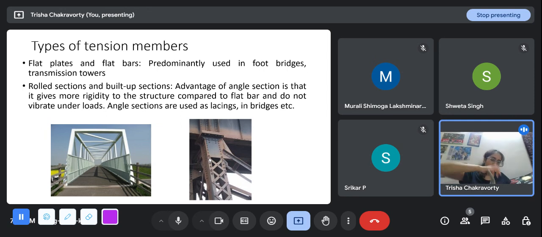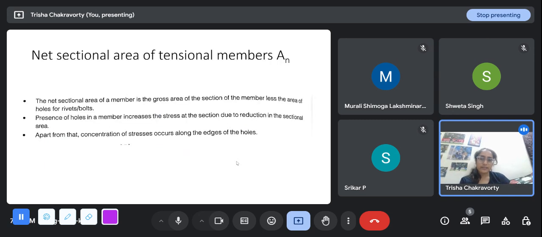This kind of bending is called buckling. And the buckling has to do with the effective length of the member. So these lacings reduce the effective length, and they are designed against buckling. So we will look at that, I think, next class.